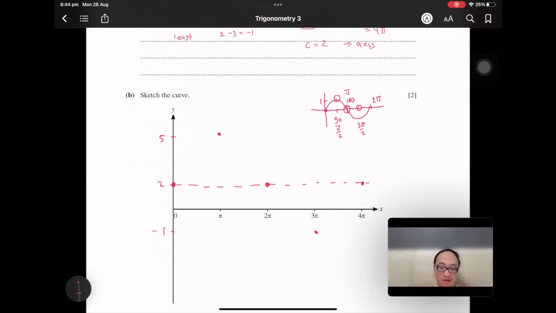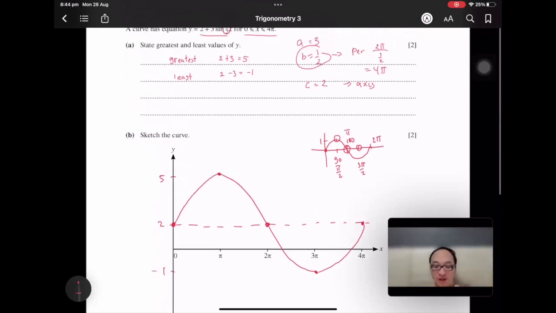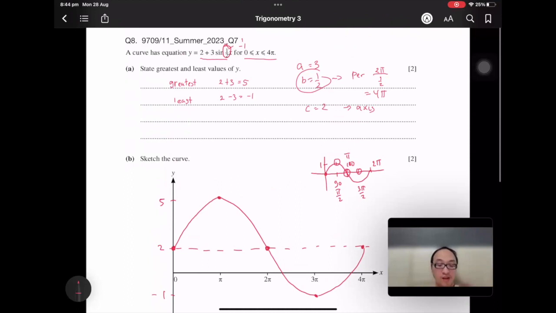So from here we can draw it like this, minimum, and then back to the principal axis. So this is the graph of 2 plus 3 sine half x.